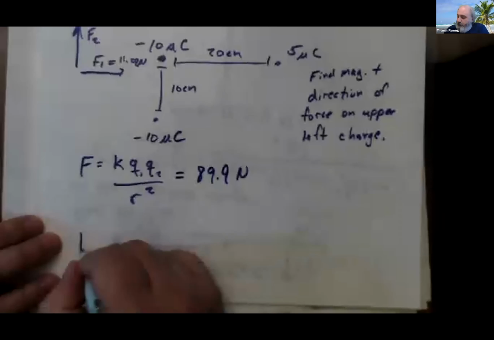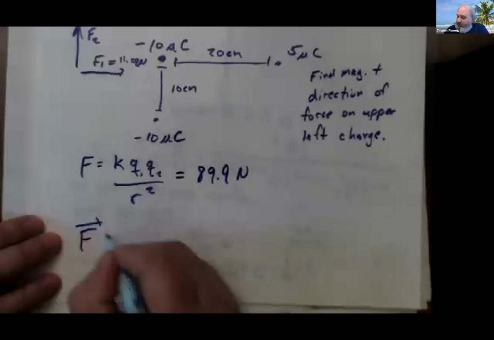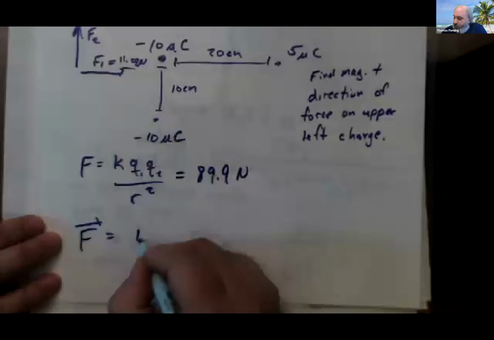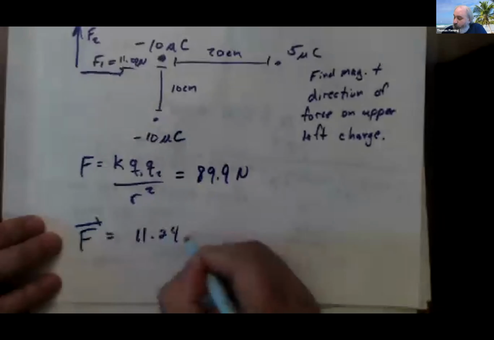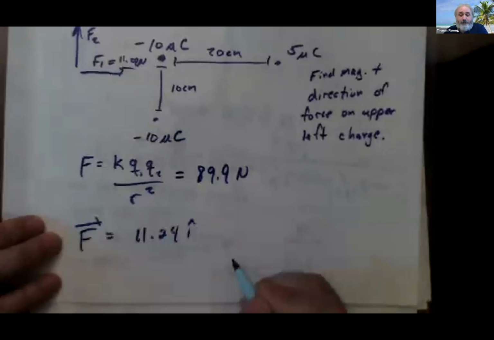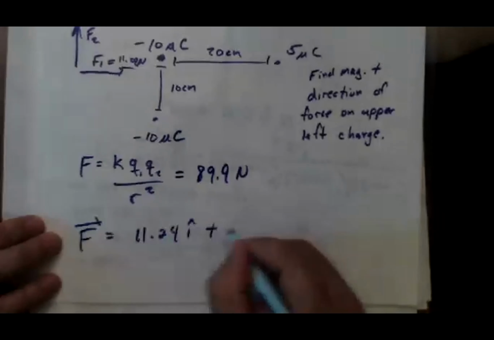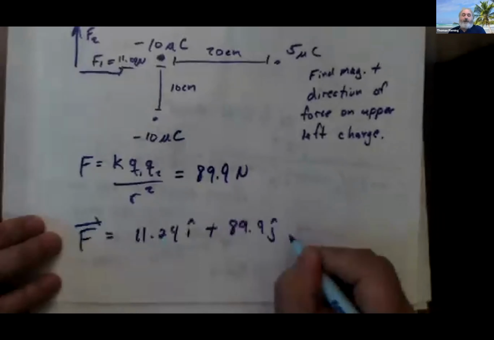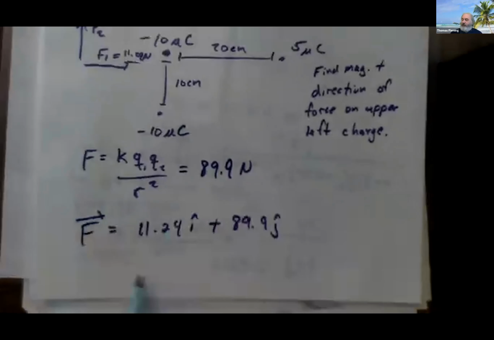So what we know is that my total force F is going to be 11.24 I hat, because that's the sideways part, plus 89.9 J hat. So this represents my final answer.